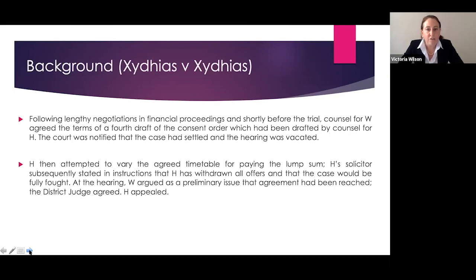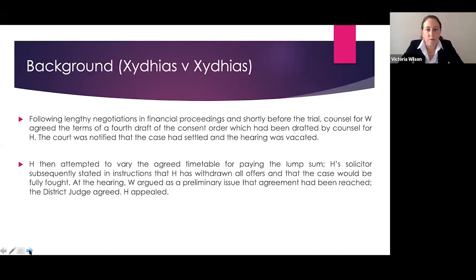However, it takes a turn for the worse, because the husband then tries through his representatives to vary the timetable. He was ordered to pay a lump sum, and he tries to vary the dates for that lump sum. This doesn't go down at all well with wife or her solicitors, and they say no. At which point the husband, through his solicitor, says, well, I've withdrawn all instructions now.